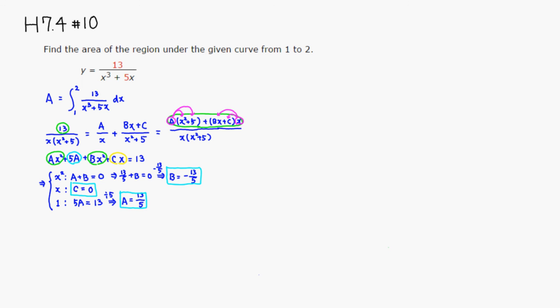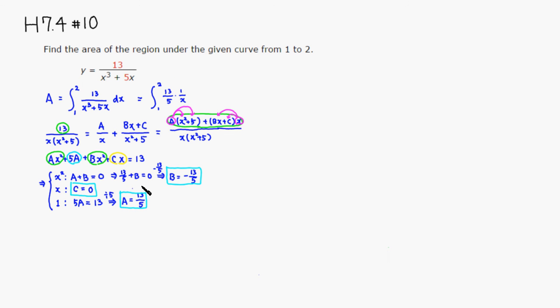Let's finish up the integral. I'm going to continue on here. We have an integral from 1 to 2. A is 13 over 5, so I'm going to put the 13 over 5 here, multiplied by 1 over x.